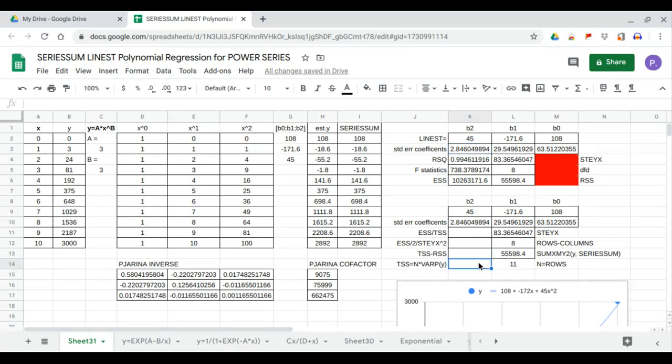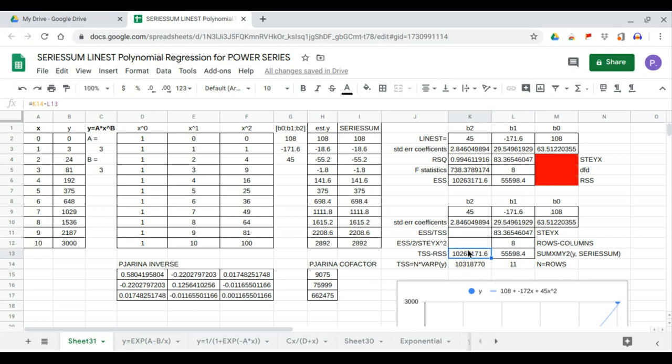Next, we calculate the total sum of squares, which is m times the variance of population y. Now we can calculate the regression sum of squares, which is TSS minus residual sum of squares. So this is our regression sum of squares.